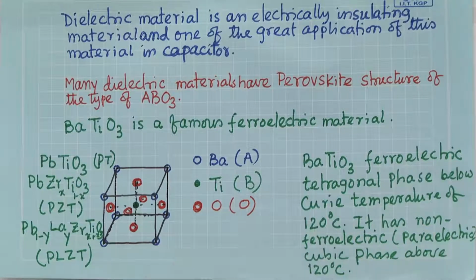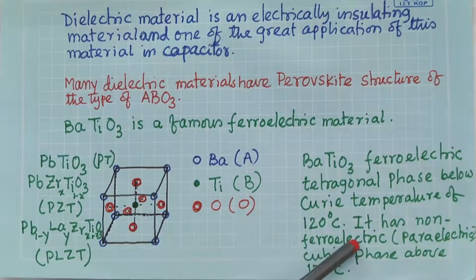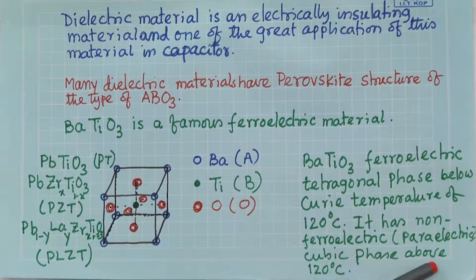Above the Curie temperature of 120 degrees centigrade, there is a phase change from ferroelectric to paraelectric, or non-ferroelectric, associated with the structural phase change from tetragonal to cubic.